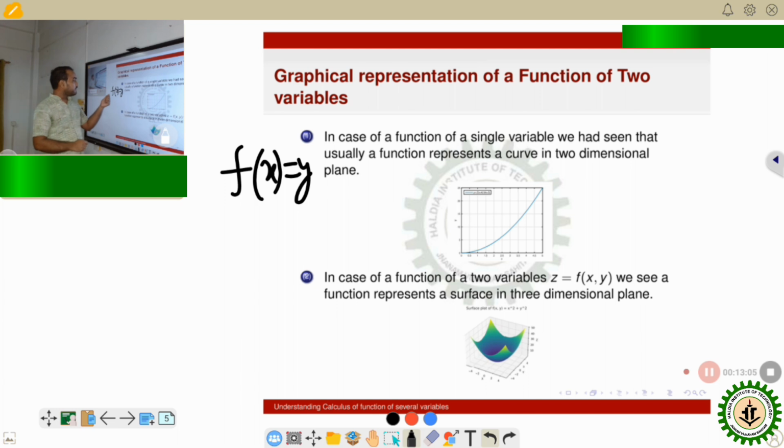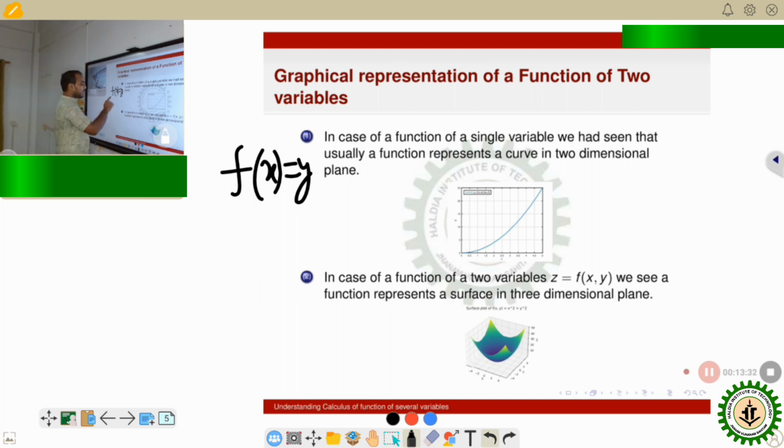This means the function is applied on a single variable and it gives a single output. So the input is x, the output is y. That means it is a real valued function from R to R simply. This is a single variable function, but if we want to plot the graph of this function, it is basically in two-dimensional space.